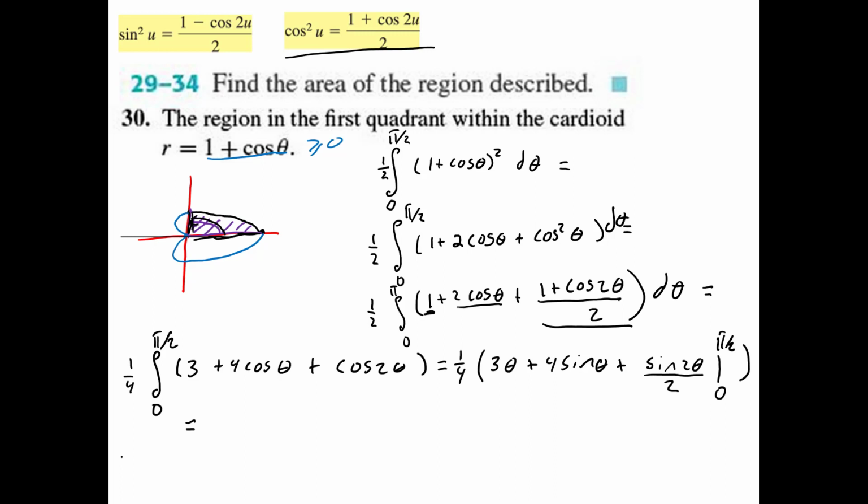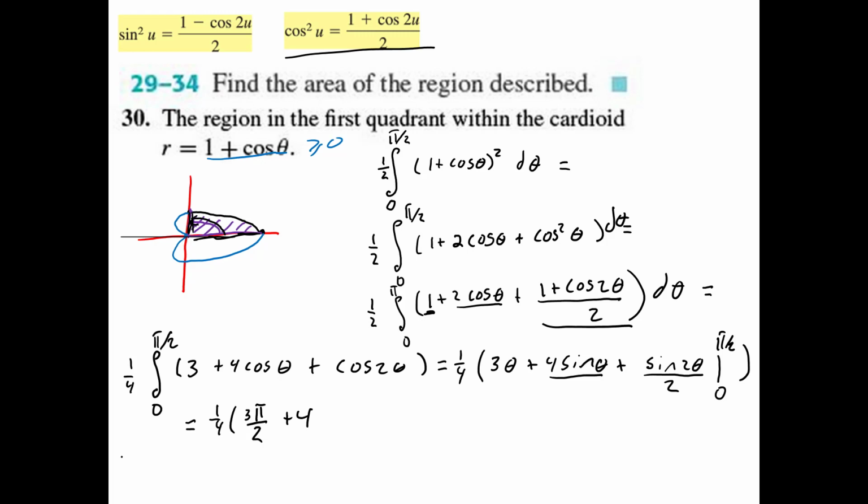And then when we put in the pi over 2, we get 1/4 times 3 pi over 2. And then when we put in the pi over 2 into the 4 sine of theta, the sine of pi over 2 is 1, so we get plus 4.